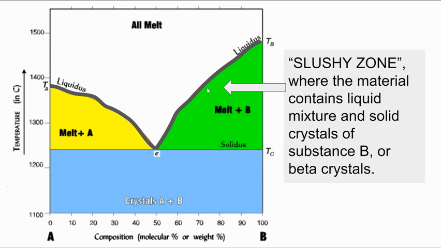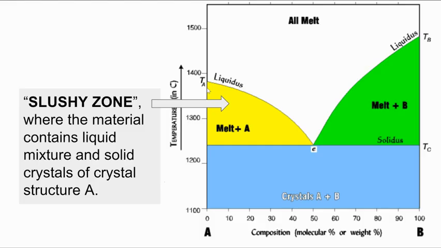All right. The slushy zone is where the material contains liquid mixture and solid crystals of either substance B, the beta crystals, or substance A, the alpha crystals. On our diagram shown in the notes, this green section is the slushy zone where we get liquid melt and beta crystals, solid crystals of metal B. Where would the slushy zone be for metal A, where we'd have solid crystals of metal A along with liquid mixture?